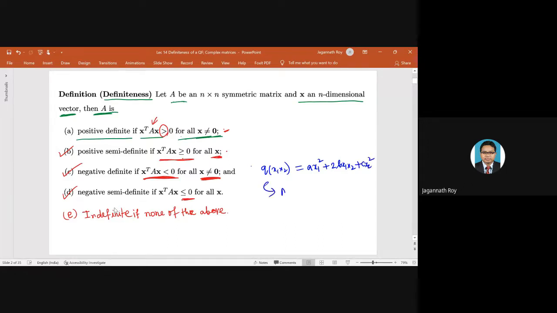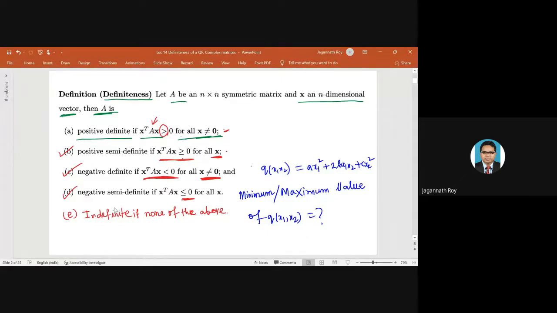If I say find the maximum, or let us write minimum, value of it, then we will use the definiteness of the quadratic form.